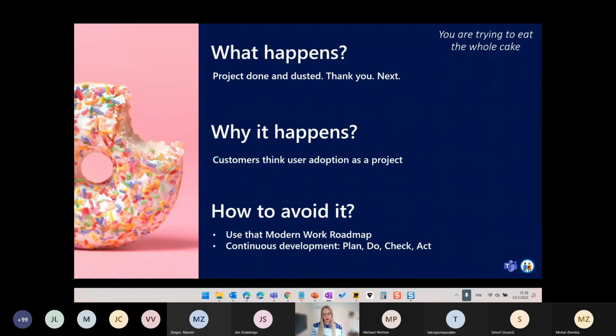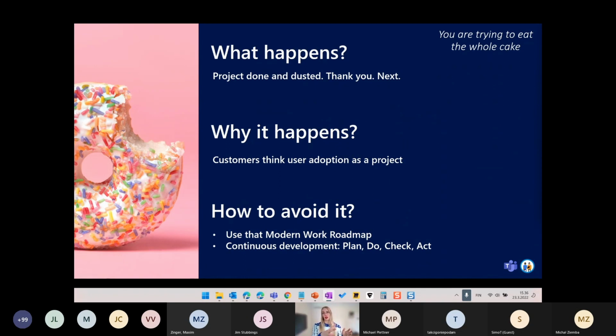And yeah, one of the favorite sayings in user adoption is that user adoption is not a project. User adoption is a journey, and modern work is a journey that goes on and on and on. But we have done so many technical projects, technical implementations. So we have this intranet project.